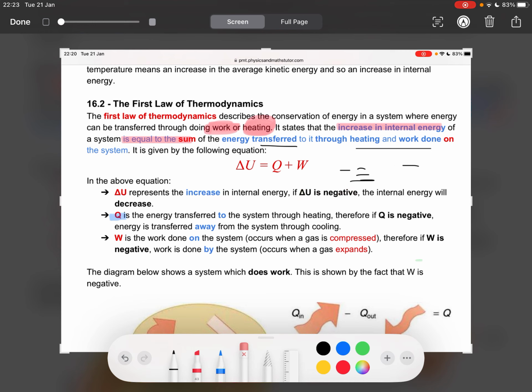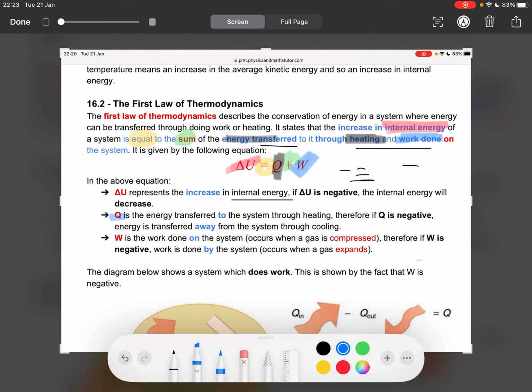And we start breaking it down. Delta U, which is basically the internal energy, is equal to the sum of energy transferred to it through heating and through work done.